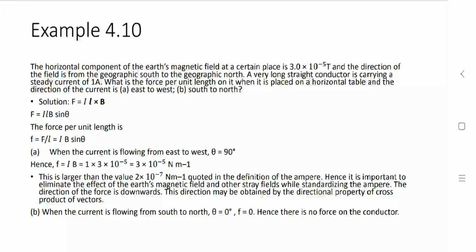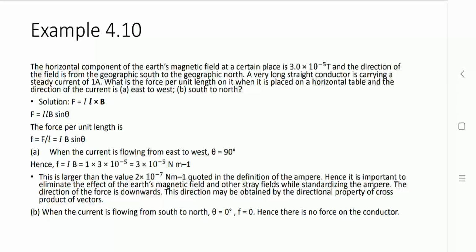The force equation is I L cross B. Now theta is present, so we can say I L B sin theta. The magnitude of the force per unit length, F by L, is I B sin theta. Now in the first case, east to west, theta is 90, so sin 90 equals 1.